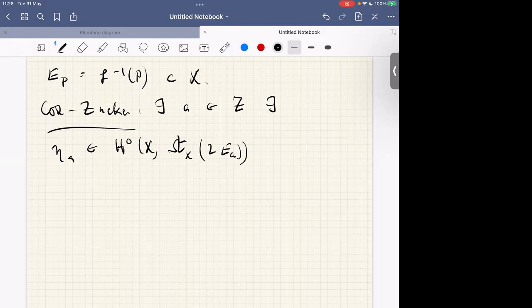I'm going to put in an assumption here, which I should have put in before. I'm going to assume from now on that Z is reduced and disjoint from the locus where J is equal to infinity.